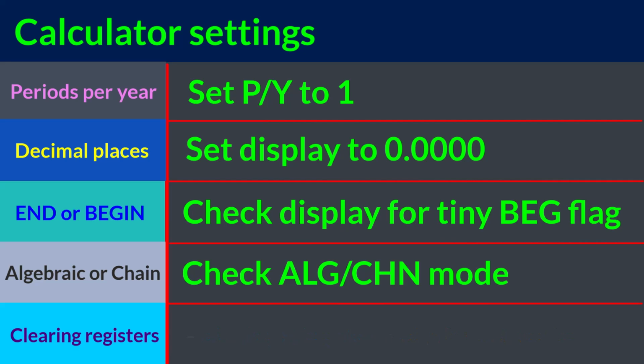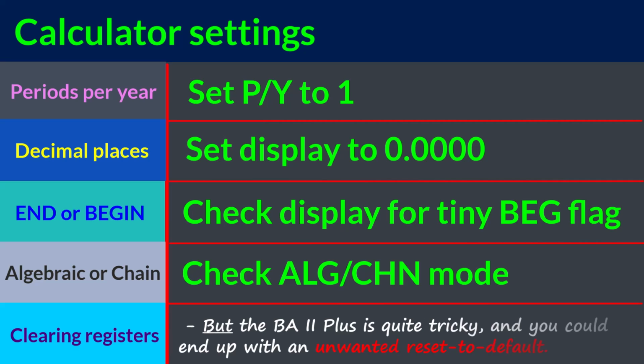The simplest approach is to learn how to clear all registers, but without also doing a factory reset. However, this is possible only with the two Hewlett-Packards. The Texas Instruments device is much more complex, and you have to know exactly what you are doing.